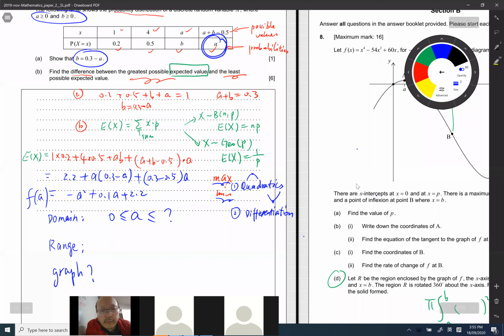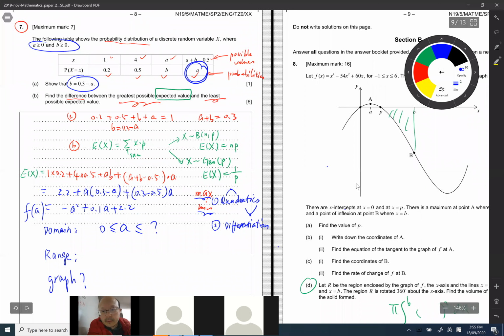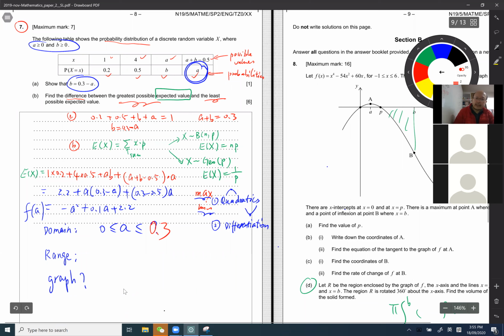This question very important. What's the domain? If I wrote this side 0.3, check if you understand why. It's between 0 and 0.3.